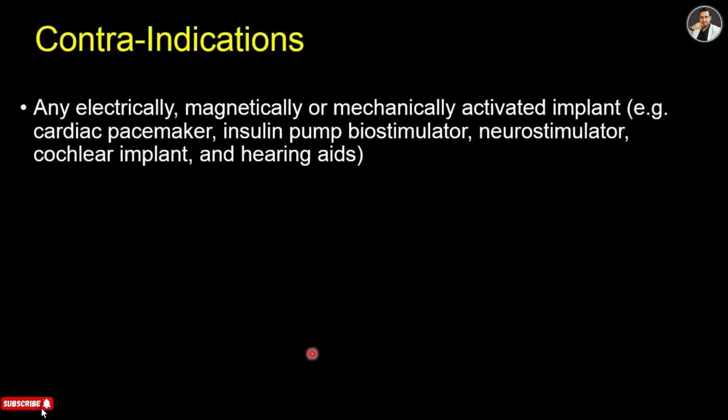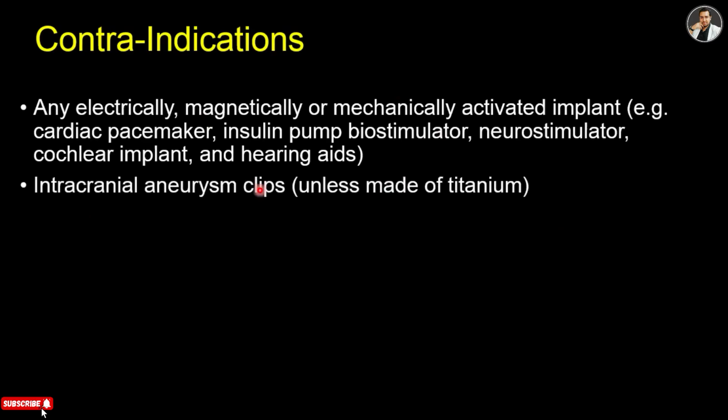And now the contraindications. So contraindications are common in MRI, that is, any electrical, magnetical, and mechanically activated implant like a cardiac pacemaker, insulin pump, and cochlear implant. So if the patient has these devices, this patient is contraindicated.